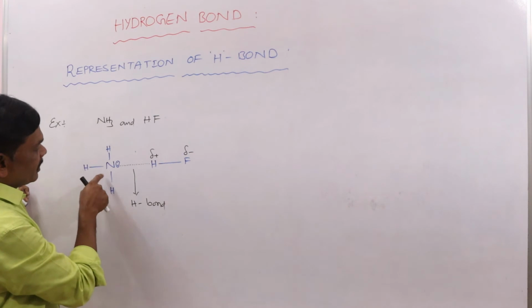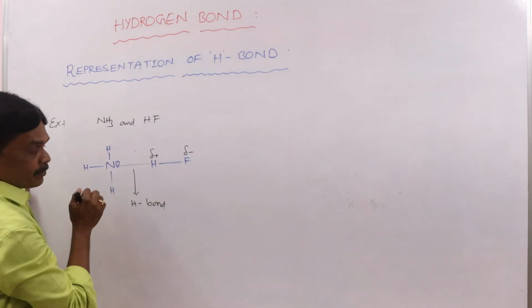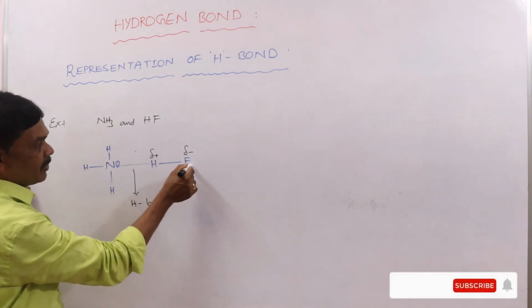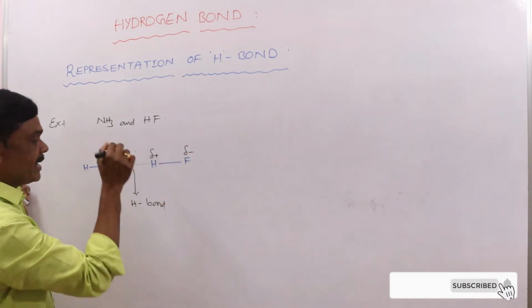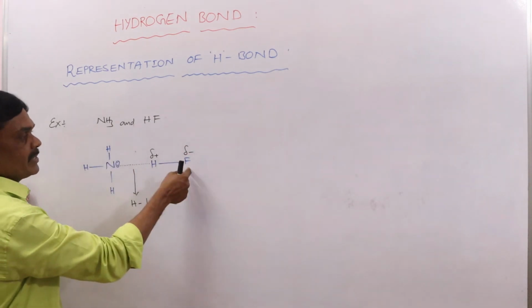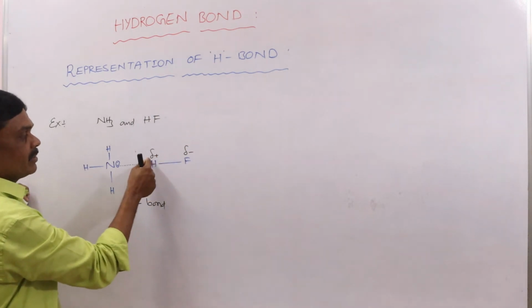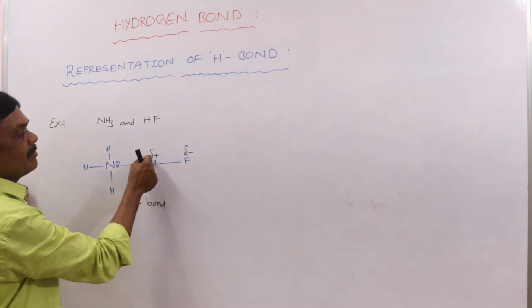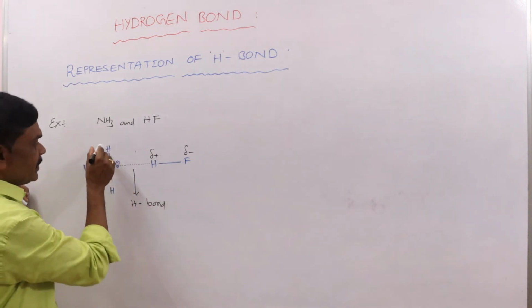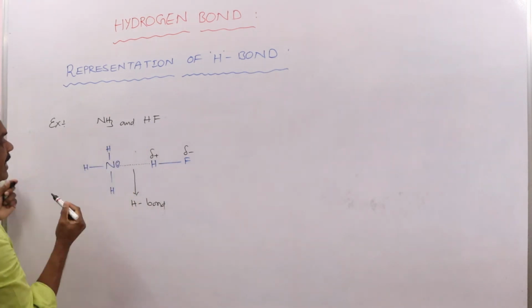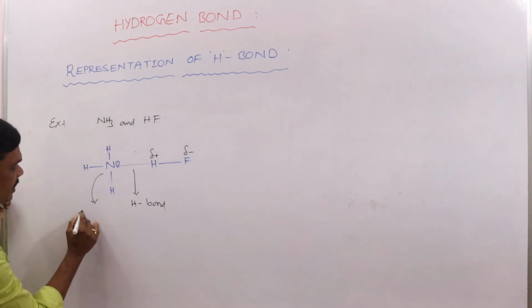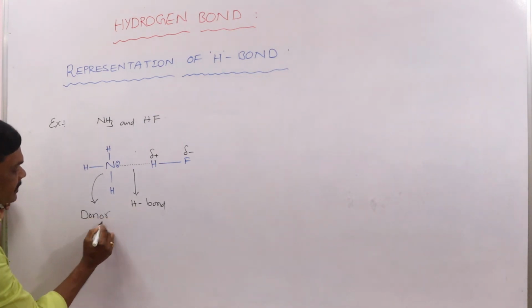Between nitrogen and fluorine, fluorine has more electronegativity than nitrogen. So compulsorily on this fluorine we get a partial negative charge, so that this hydrogen acquires a partial positive charge. The ammonia molecule acts as the donor atom.